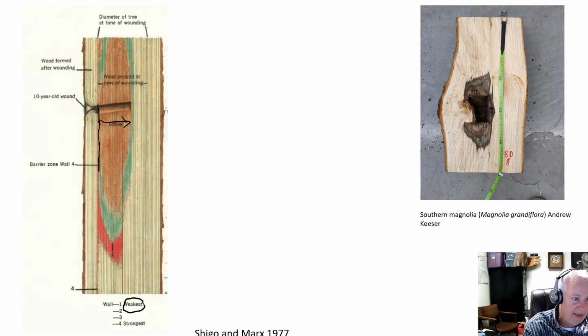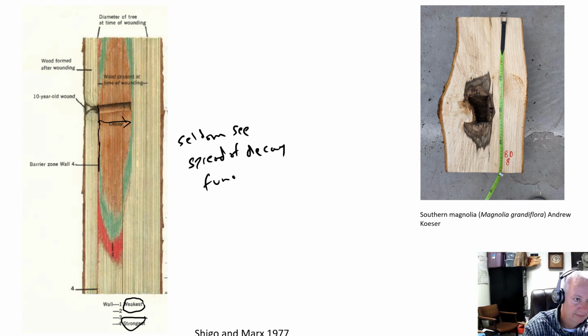So what that means is that wall 4, it's the strongest. You seldom see spread of decay, fungi, into new wood formed after the wound.